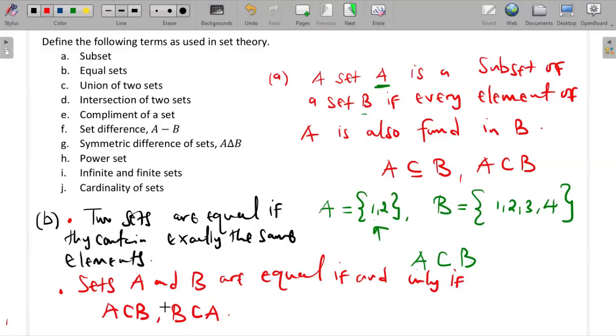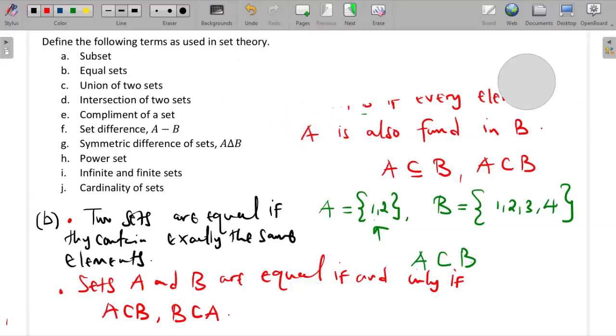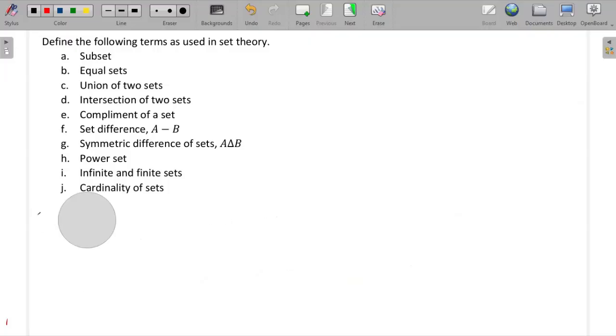If A is a subset of B and B is a subset of A, then we're going to conclude that those two sets are actually equal. You can brainstorm about that. You can pause the video, read through the definition, think about it until you understand. Otherwise, I'm going to erase this and talk about part C.